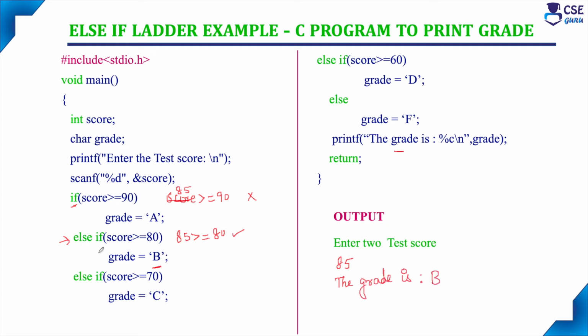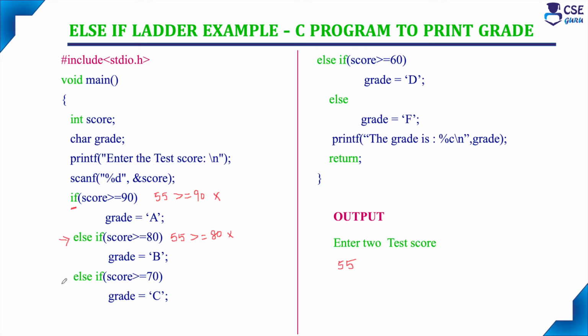So here if you are considering this alternative fails and this alternative is evaluated to true, and the remaining alternatives automatically it will skip, because only one alternative will be evaluated to true at a time. Suppose if the test score we have entered is 55. So here it will check with this if condition whether score 55 is greater than or equal to 90. Condition fails. Next control will transfer to next else if. So here it will check whether 55 is greater than or equal to 80.